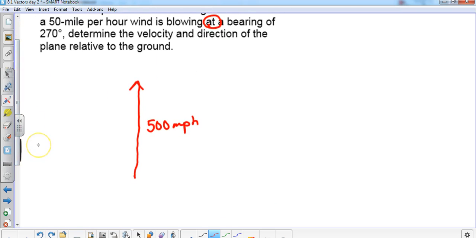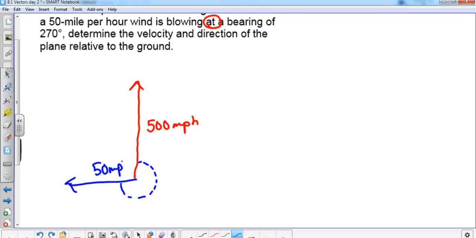Do you remember what that meant? First of all, a bearing of 270 is not down here, because a bearing of 270 means 270 degrees off of there, right? 270 would mean it was blowing it back this way, but at 270 means it's blowing it that way. And it's blowing 50 miles per hour.